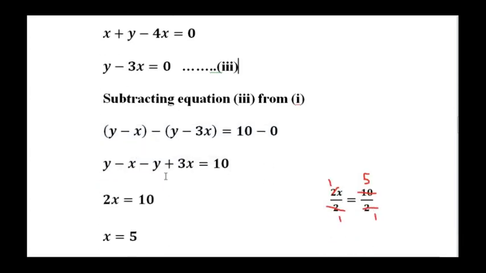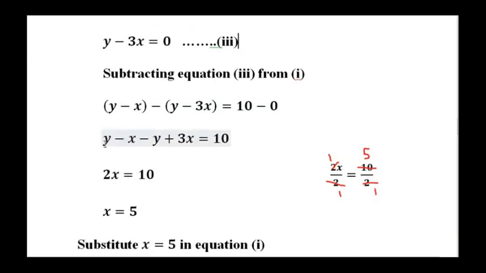Next step is to simplify these pairs of parentheses. Y minus x minus y plus 3x. I'll multiply this negative sign with the positive y and with the negative 3x. So, negative times positive y is negative y, negative times negative 3x is positive 3x.